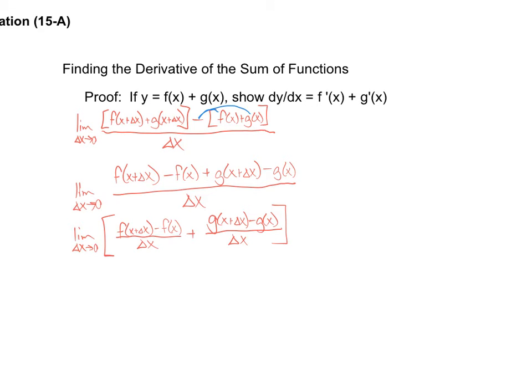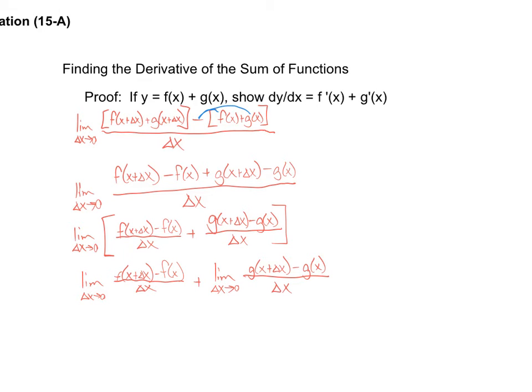So here I have the limit of a sum, so I'm going to change this so it's now the limit as delta x approaches 0 of f of x plus delta x minus f of x all over delta x, plus the limit as delta x approaches 0 of g of x plus delta x minus g of x all over delta x.